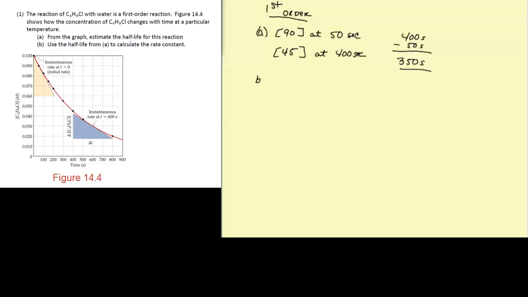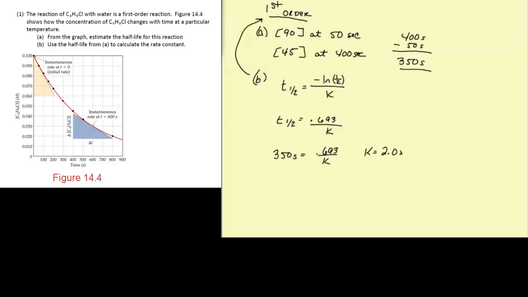So in this case, the half-life should be 350 seconds, and that will be a constant regardless of which concentrations you select. To determine the rate constant of this particular reaction, since it is first order, the half-life is equal to 0.693 over the rate constant. So you simply solve it, cross multiply, and you get your rate constant.